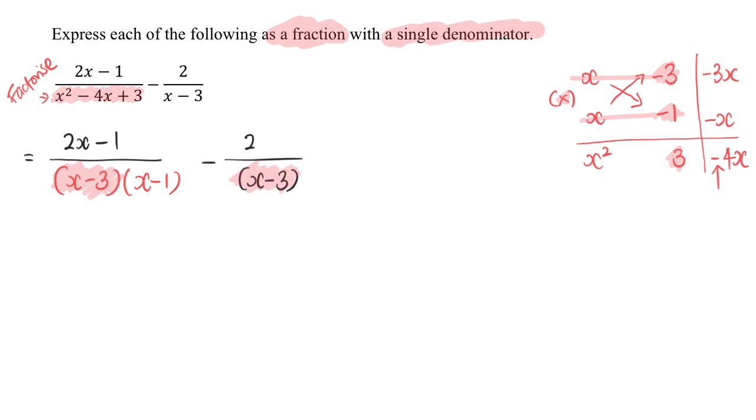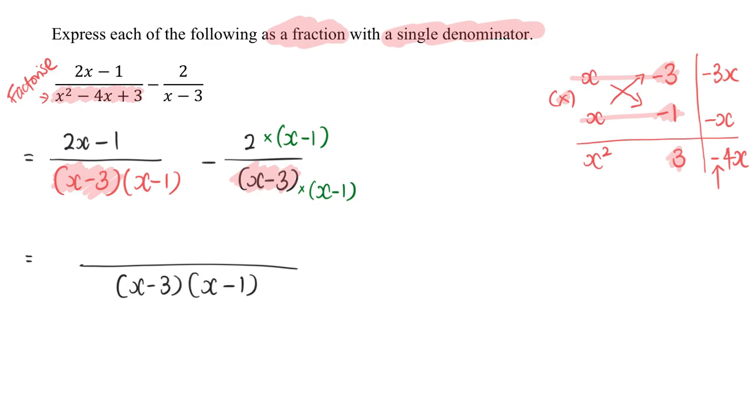So to combine to a single fraction, I do need a common denominator. And what should I multiply by? Very good. X minus 1. So that the common denominator will be x minus 3 times x minus 1.